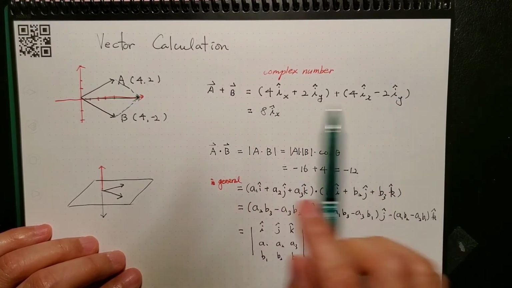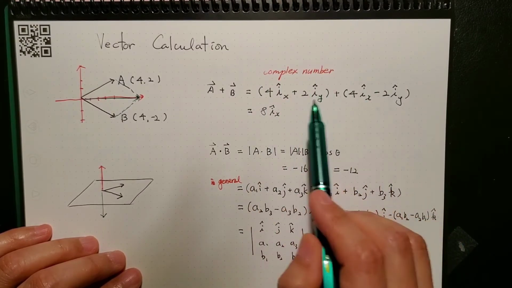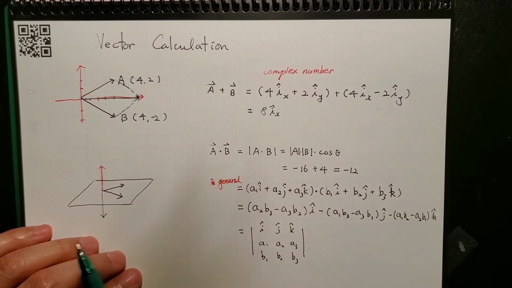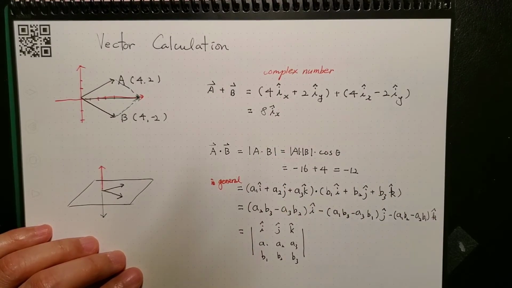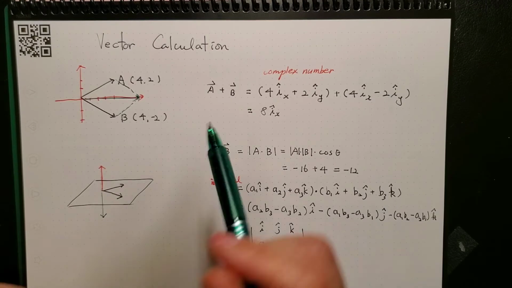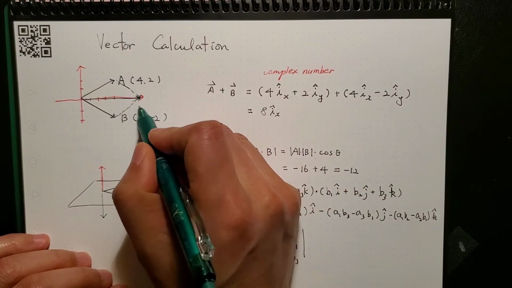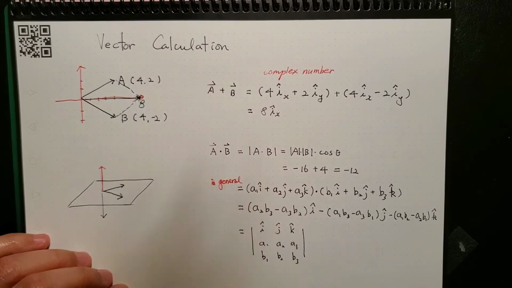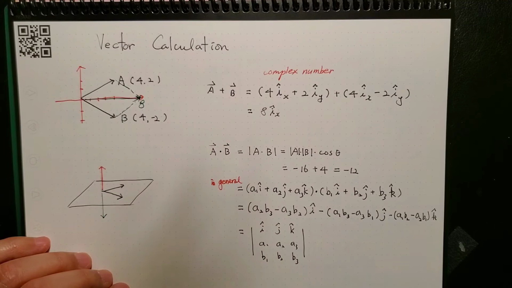But you don't multiply here, you just add them up. So you just add them up, and these two get cancelled, and you get 8 ix. So this probably is y component 0, x component 8. So that's the intensity and the direction of the vector in this addition.